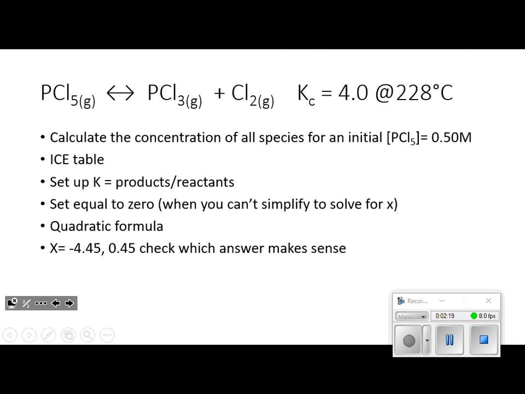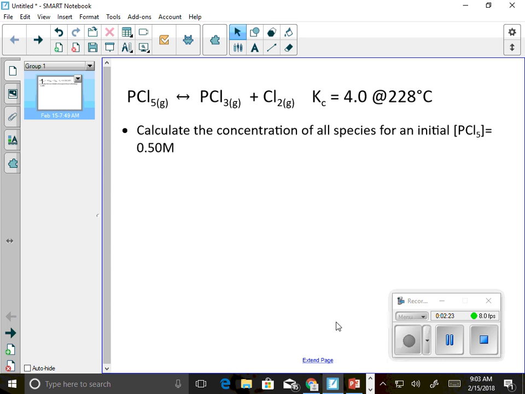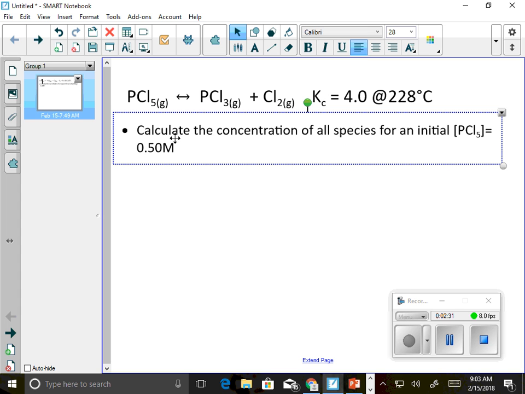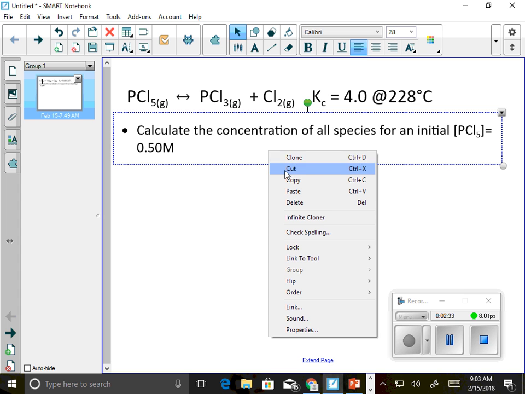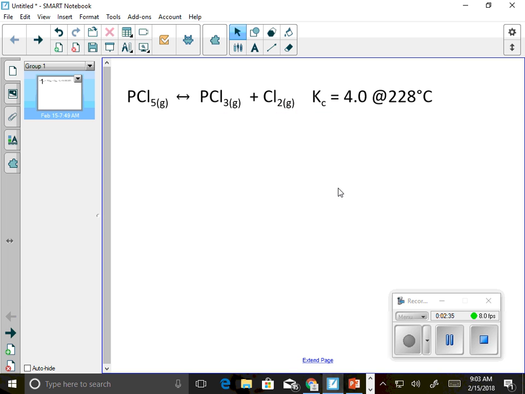So, again, if I switch over to Smart Notebook then, here's what we're given, and I'm actually going to cut that out right now, because the first thing I want to do is an ICE table.